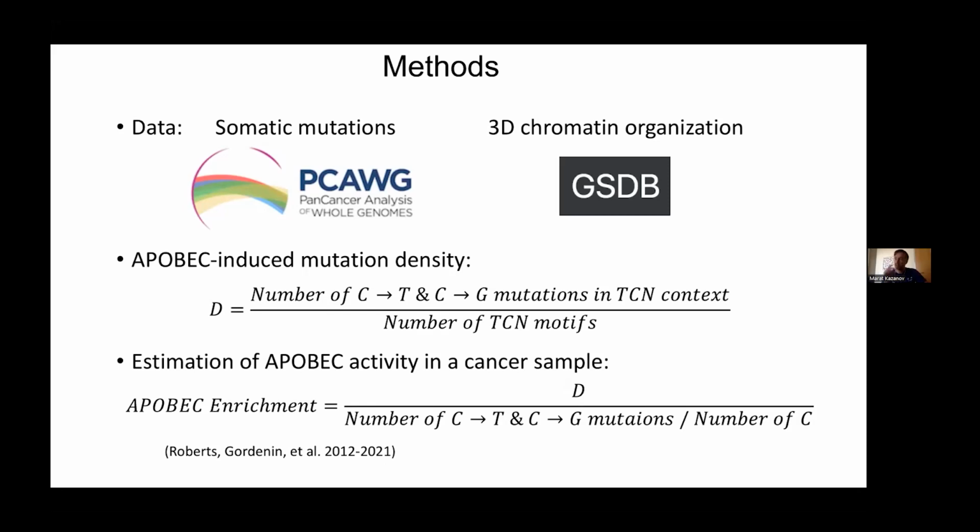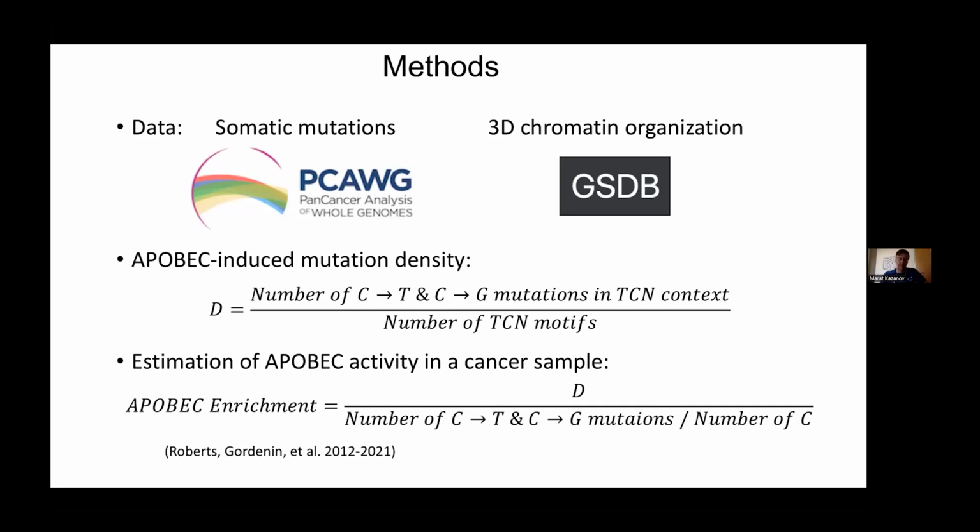To select the cancer samples with APOBEC activity, we applied a metric introduced by the Dmitry Gordenin group, the so-called APOBEC enrichment, that calculates the fraction of mutations with the APOBEC signature relative to any mutations in cytosines.